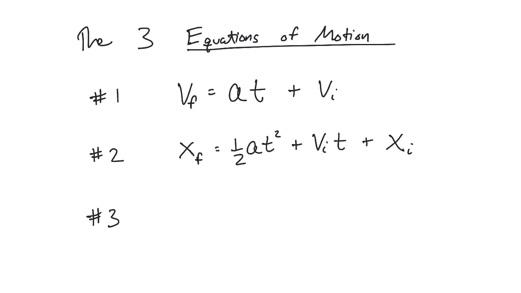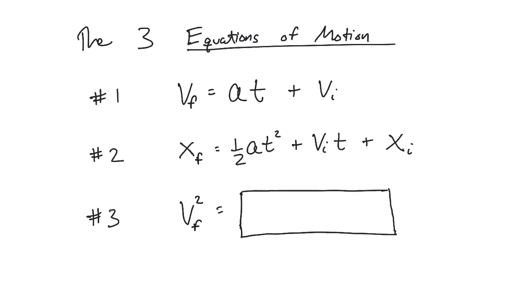And you can work it all the way down into an equation that does not have any time in it at all. I'll write down right now what it will have in it. The right way to write it is you'd have final velocity squared on this side, that's typically how it's written, equal to, and then the stuff that you're only allowed to have over here is going to end up being acceleration, your initial velocity, and there's a couple ways to write this.